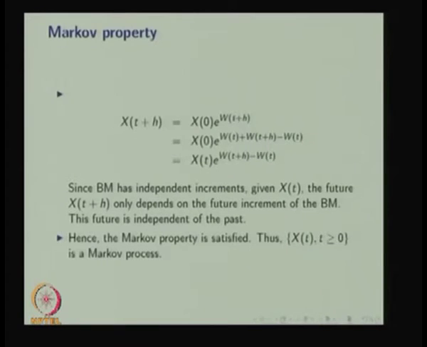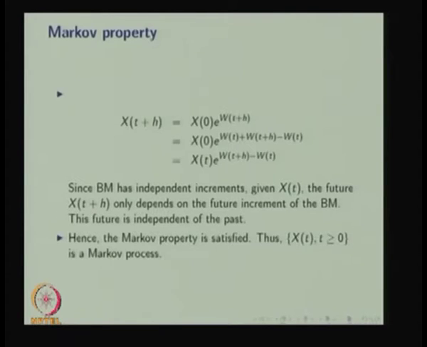Now we are going to discuss a very important property, the Markov property of geometric Brownian motion. The geometric Brownian motion is of the form X of t is equal to X naught e power W of t. Therefore, for any h greater than 0, you can write X of t plus h is the same as X naught e power W of t plus h.